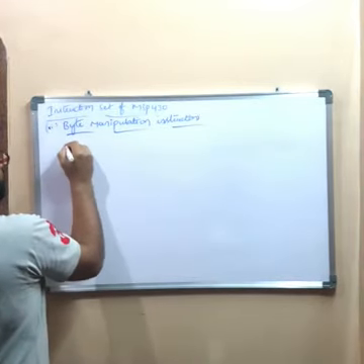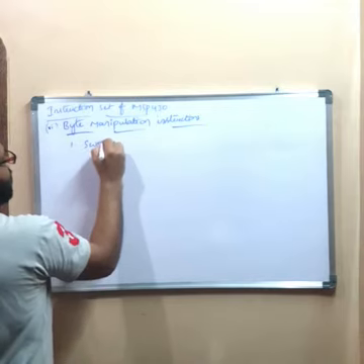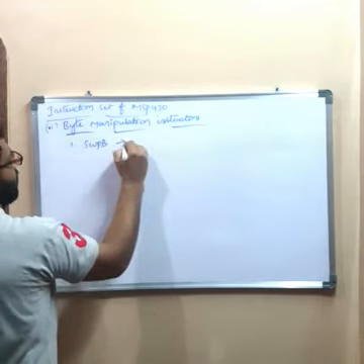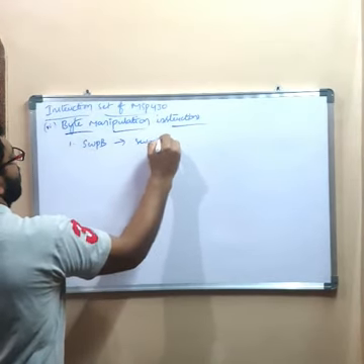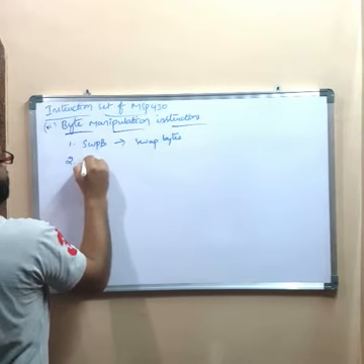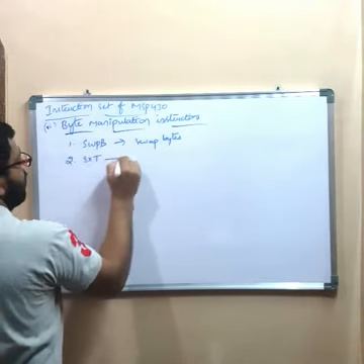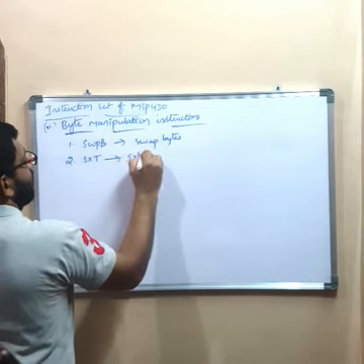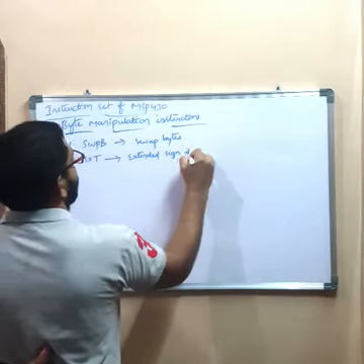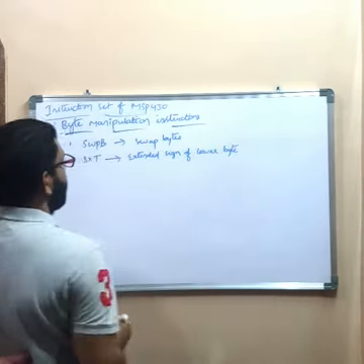So there are two instructions named SWPB, swap bytes. Next, SXT, extended sign of lower byte.